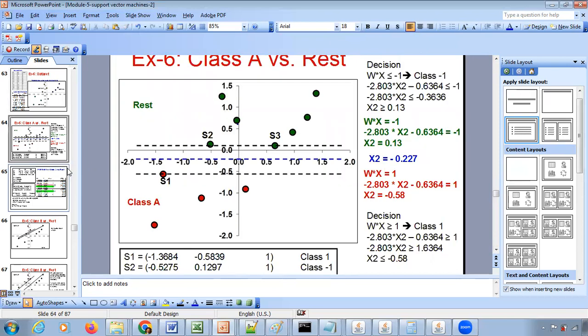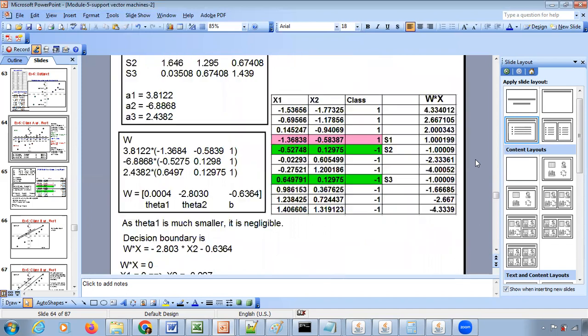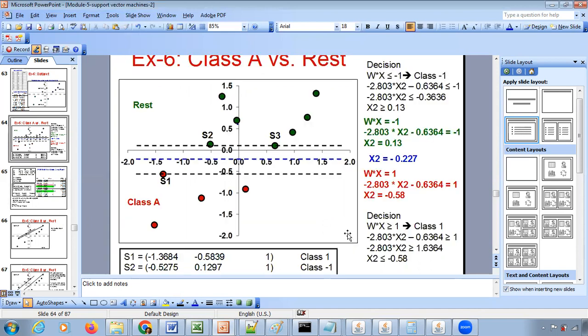That's our other class, the green class, and we assign -1 to those data points. So the first 4 are class 1, the class A data points, and the other 7 are class -1, the class B and C rest data points.